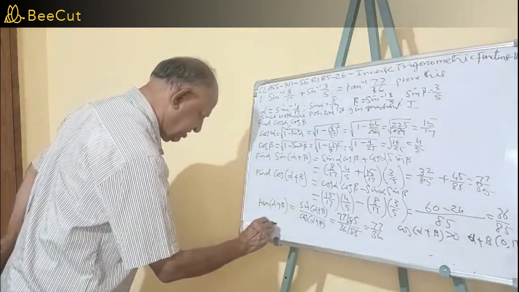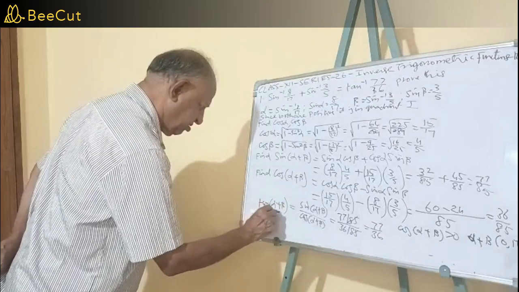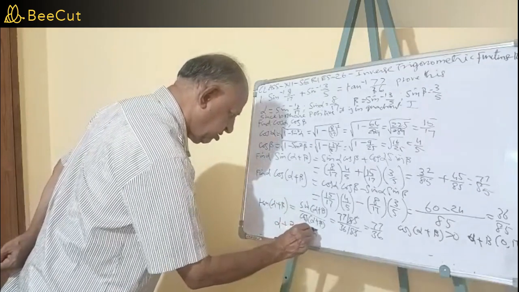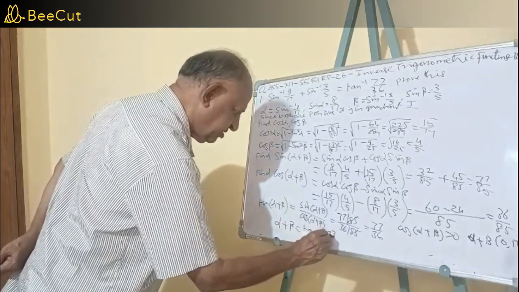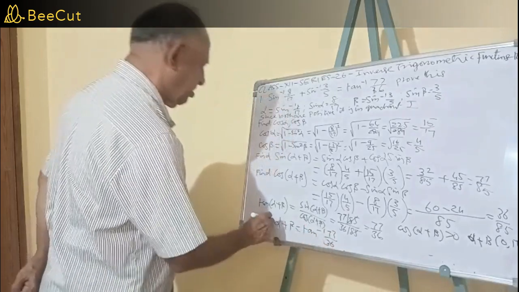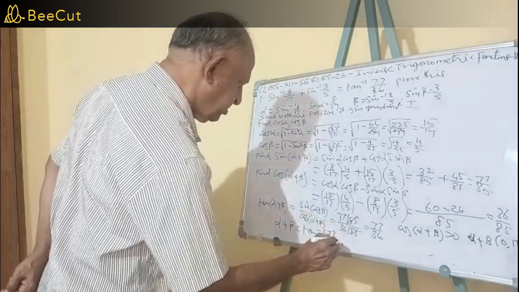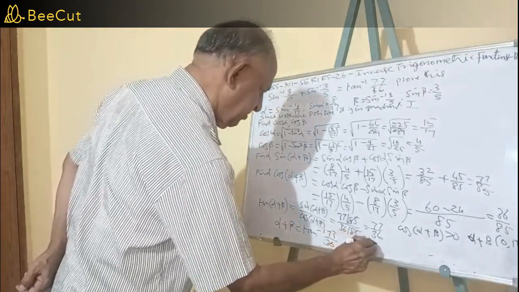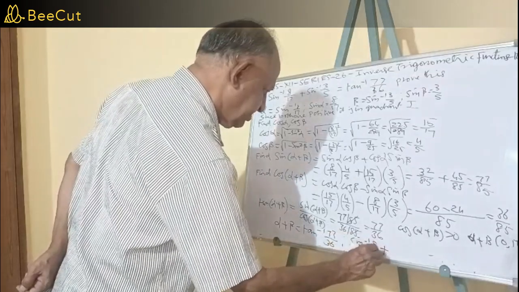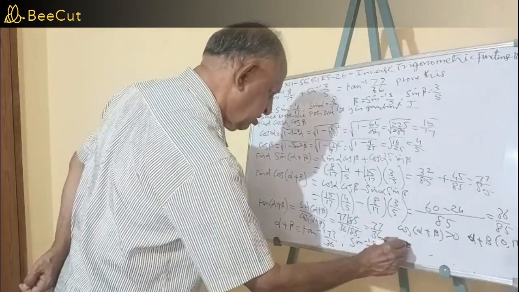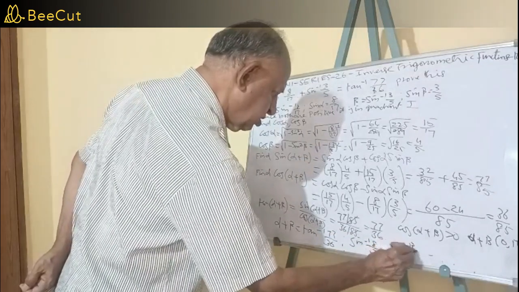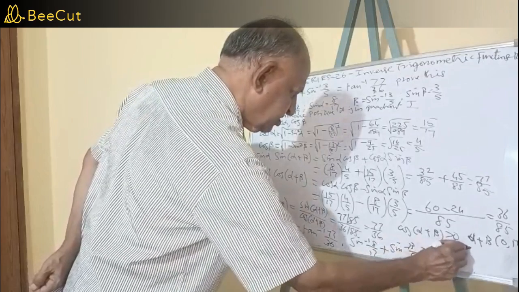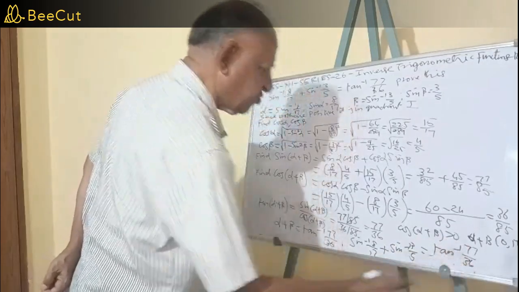That is, alpha plus beta is equal to tan inverse of 77 by 36. But we know that alpha is equal to sin inverse of 8 by 17 and beta is equal to sin inverse of 3 by 5. So the sum is equal to tan inverse of 77 by 36. Hence proved.